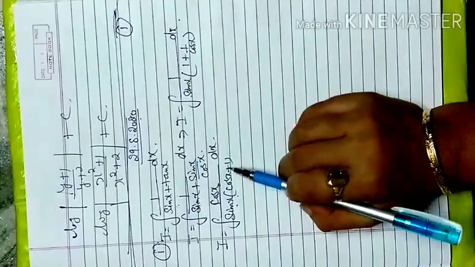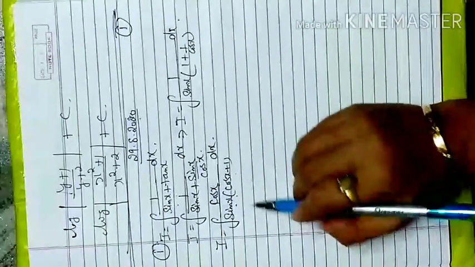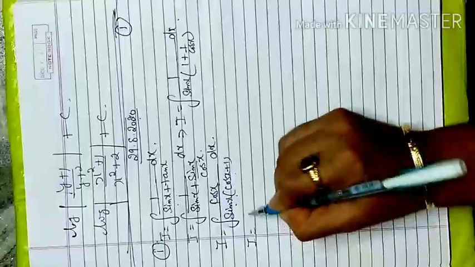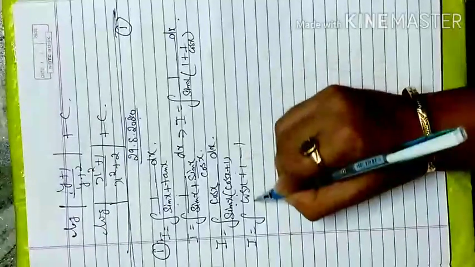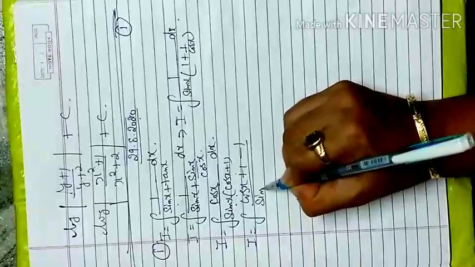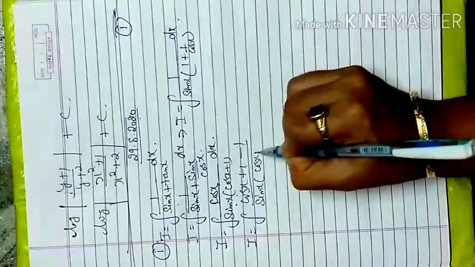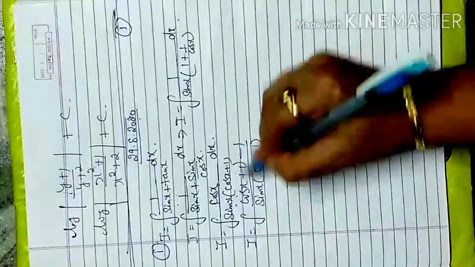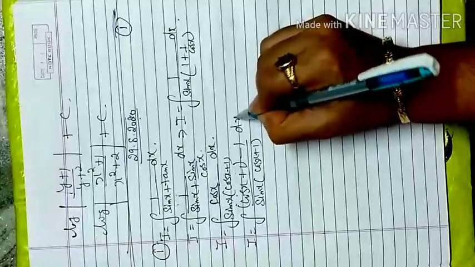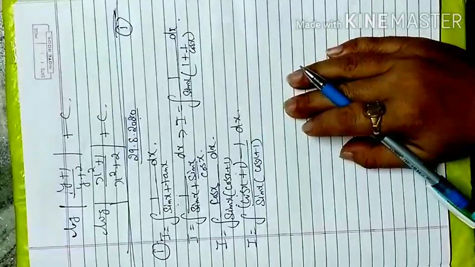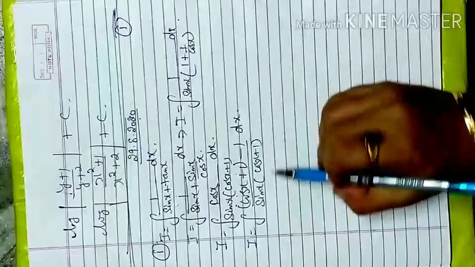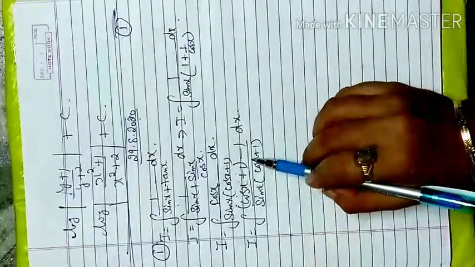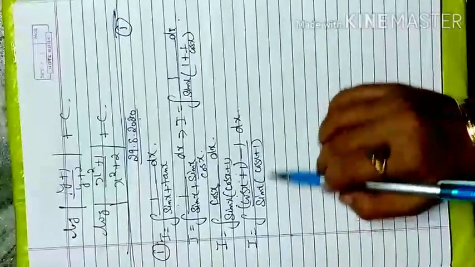First, I arrange the denominator in the numerator so that I can separate the terms. Like cos x plus 1 minus 1, so that becomes sin x times cos x plus 1. Now I separate the terms. The next target is to separate the term like this: this will be the denominator combination with this, and this will be this.